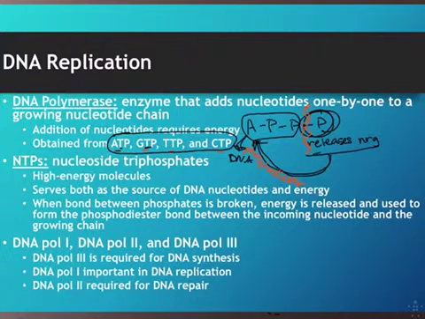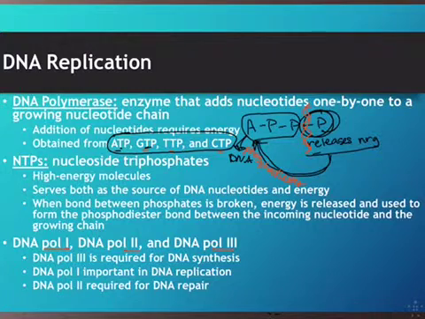All right, so a little complication: when we talked about RNA polymerase, it was just RNA polymerase. There was only one, whereas DNA polymerase has 3 varieties, which we call DNA polymerase 1, 2, and 3. Pol is the abbreviation for polymerase. Each of these DNA polymerases has a different job.